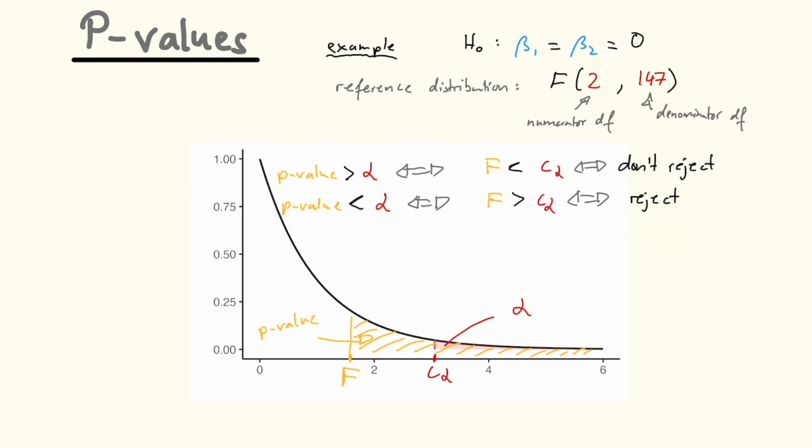A good way to think about p-values is as a way of measuring the size of F against the benchmark distribution. We know that we reject for large values of the test statistic, but what is a large value? That may not be immediately obvious to us in F space, but it is obvious to us in p-value space. In p-value space, an F statistic is large if the p-value is smaller than alpha.